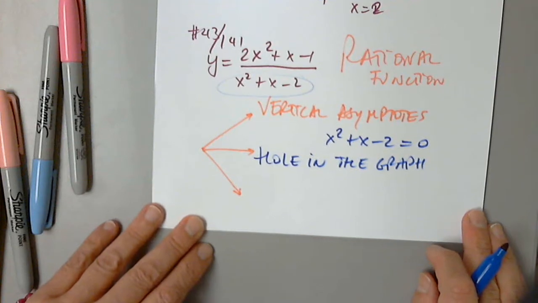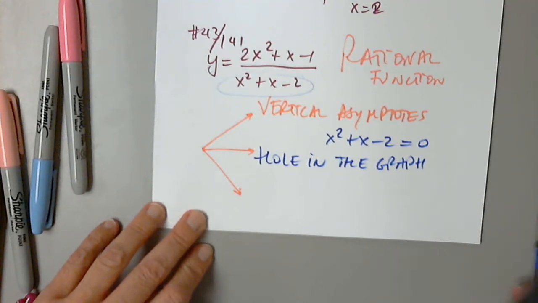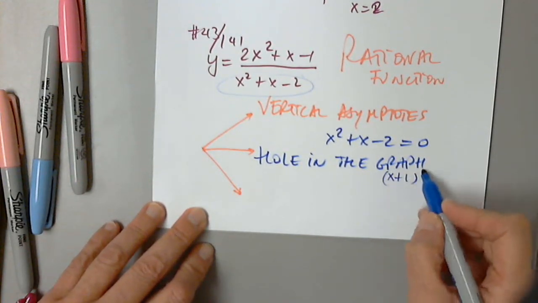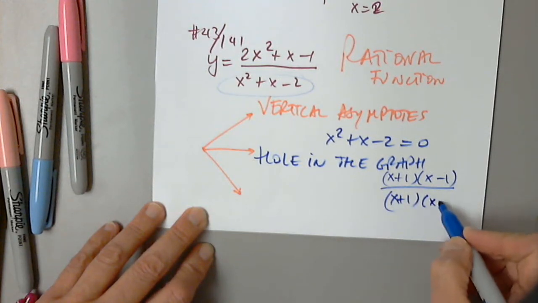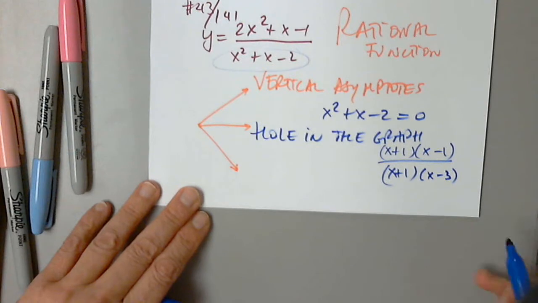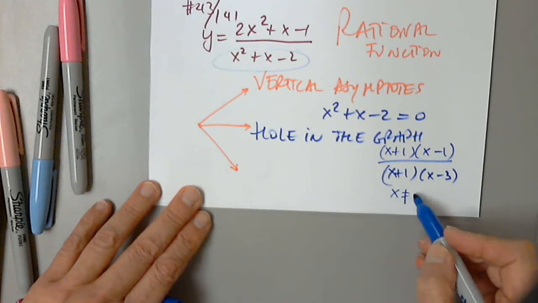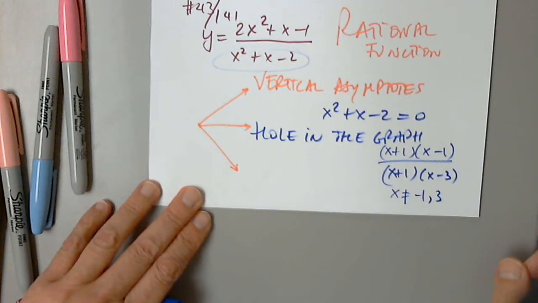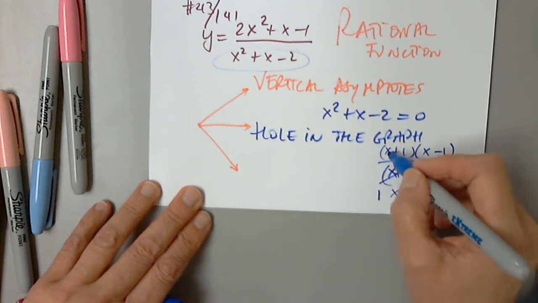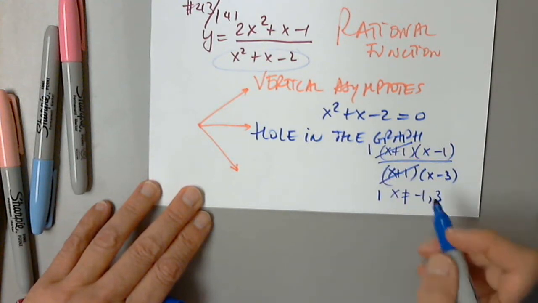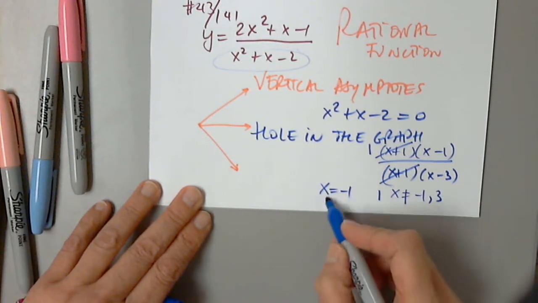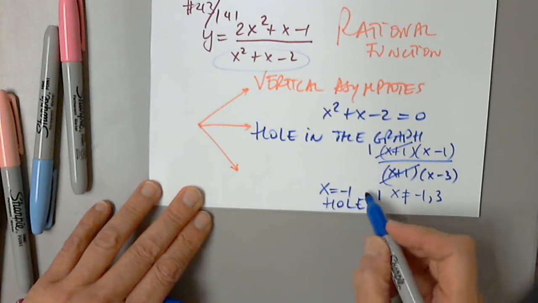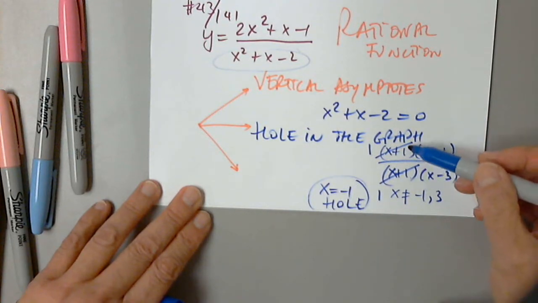A hole in the graph is a special situation, a specific case in which, let's say I have something like this. Obviously, the function is undefined at -1 and 3. There is no discussion there, correct? But because I can simplify this factor, x equals -1 is not a vertical asymptote, but a hole in the graph, because the factor went away.